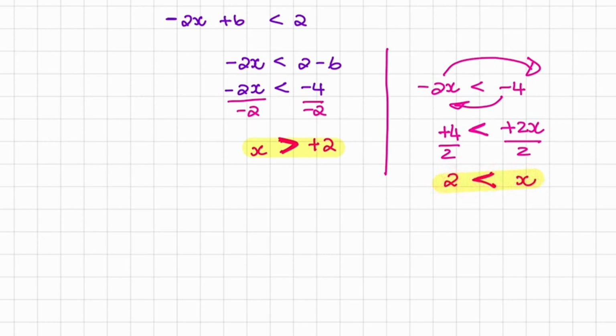And that is why the direction of the inequality changes when we divide by a negative 2. It's because when we take the negative 2 and make it positive on the right-hand side, you can see that x is simply on the other side of the inequality, and we read the inequality from the position of x. So x would be bigger than 2.